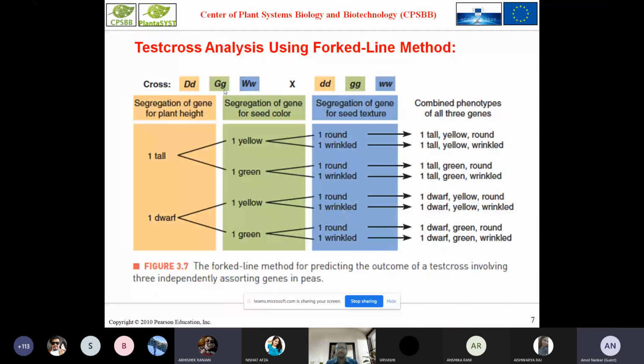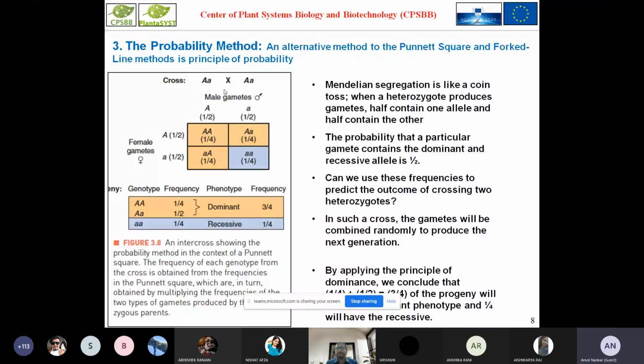Okay. Now we are going to go to the third method, which is the probability method. The probability method is an alternative to the Punnett square and fork line methods, and it is based on principles of mathematics.